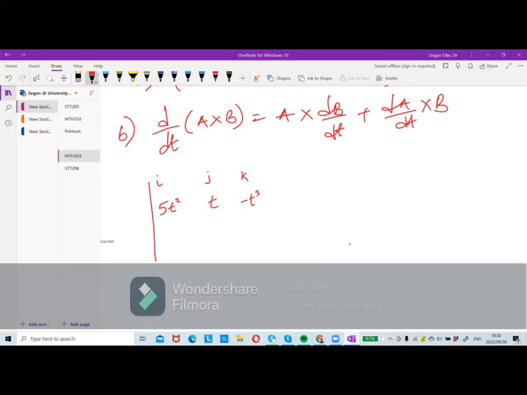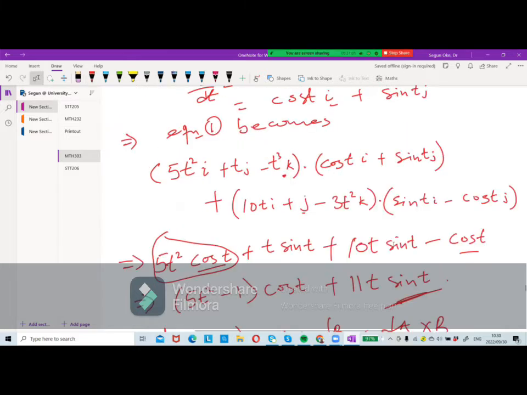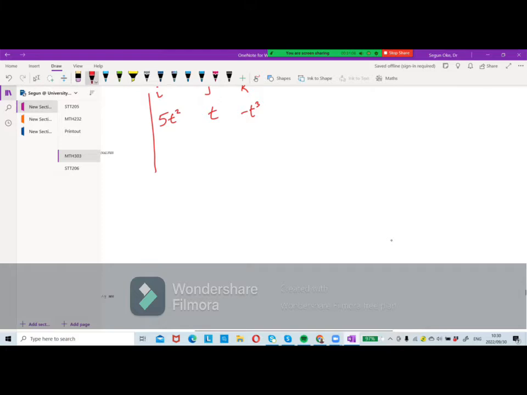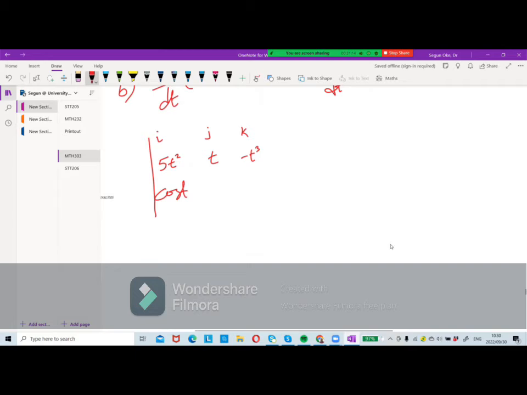Then let's go to the dB/dt. What is i for the dB/dt? Cos t. Then what is j? Sine t. And k is 0.